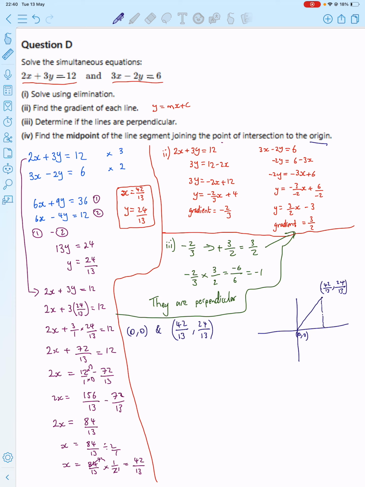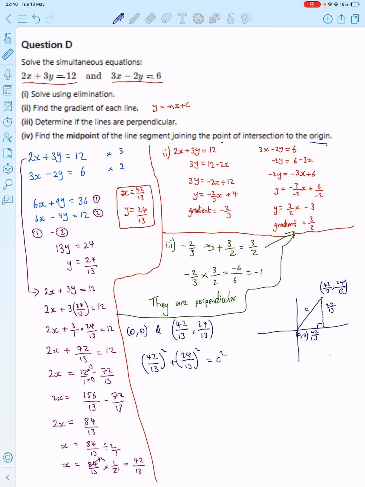Okay, so we have a length of 42/13, just taking the difference in the x-coordinates, and 24/13 here of our right-angled triangle, and we're going to use Pythagoras. So we have 42/13 squared plus 24/13 squared equals c squared.